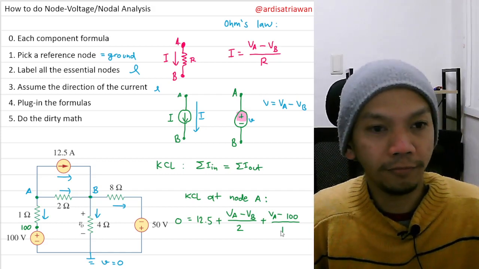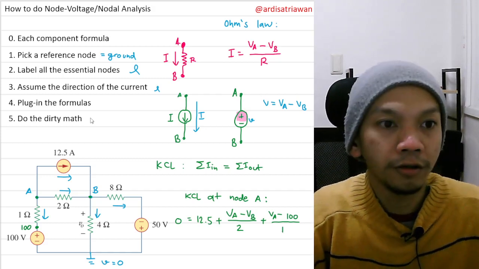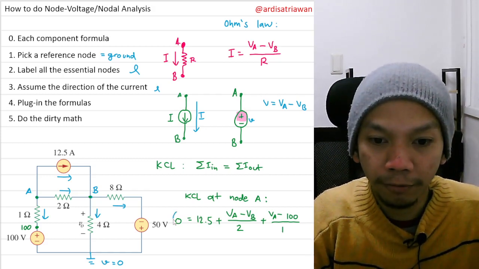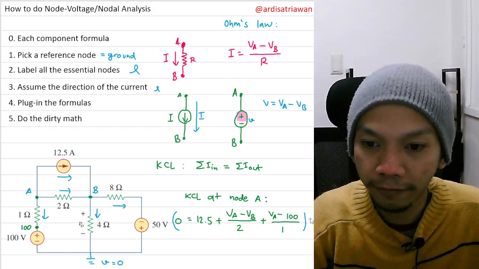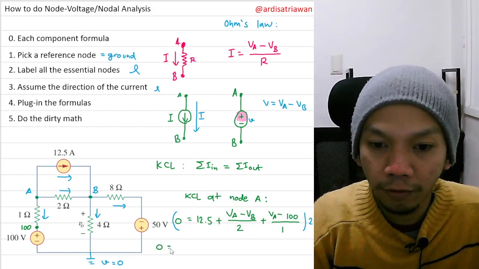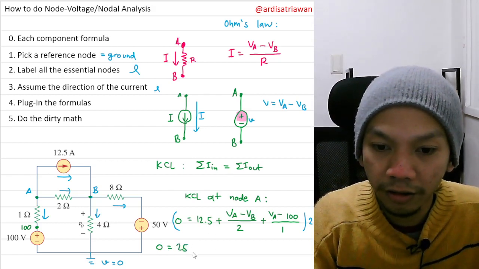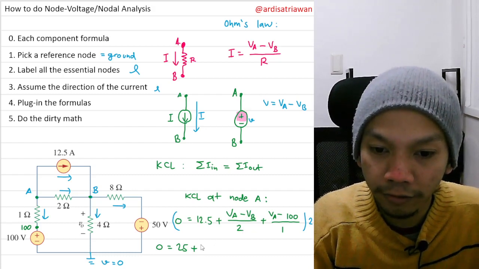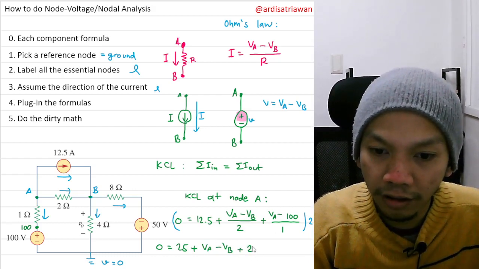Okay, now what we can do is just simplify this equation. I do not like to work with fractions, so maybe I will multiply both sides by 2, so I will get rid of all the fractions. So I'll have 0, 12.5 multiplied by 2 is 25, and this will cancel the denominator, so I will have VA minus VB, and then I will have this plus 2VA minus 200.